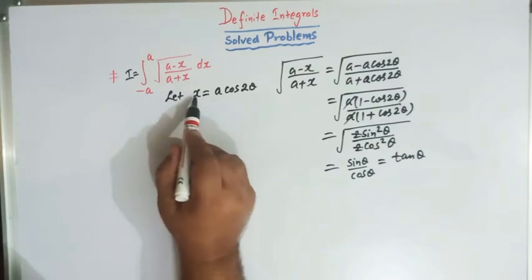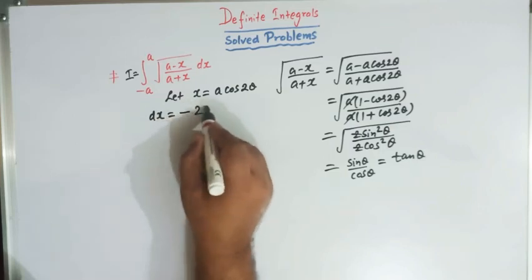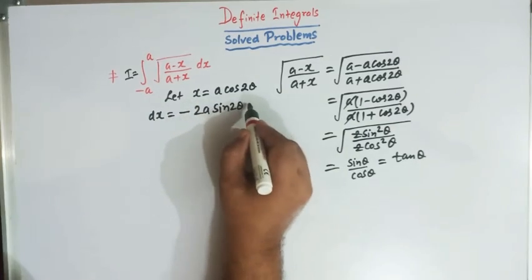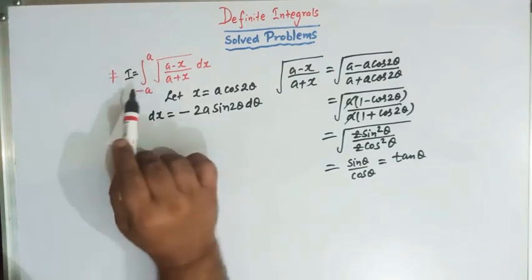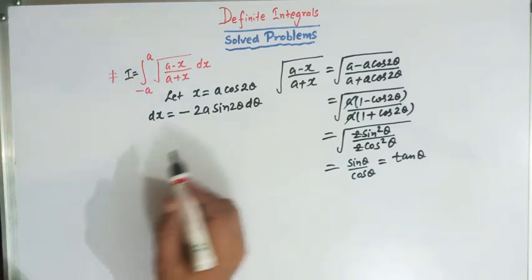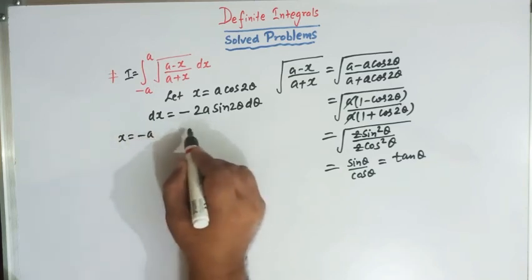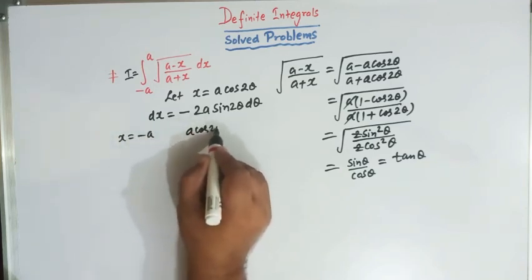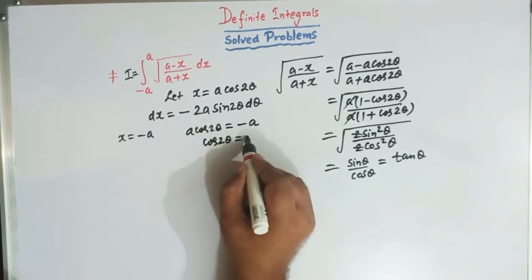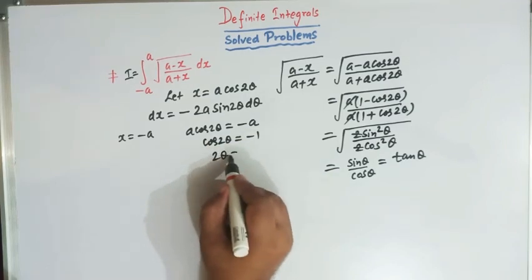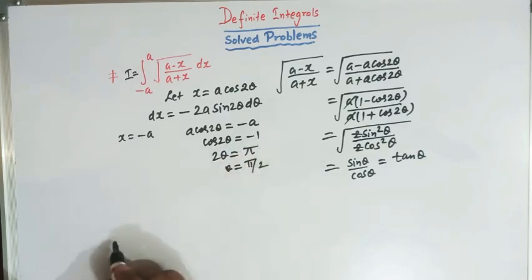Now x is a cos 2θ, so dx is equal to −2a sin 2θ dθ, and here we can change the limits also. When x is −a, a cos 2θ is equal to −a, so cos 2θ is equal to −1, so 2θ is equal to π, so θ is π/2.